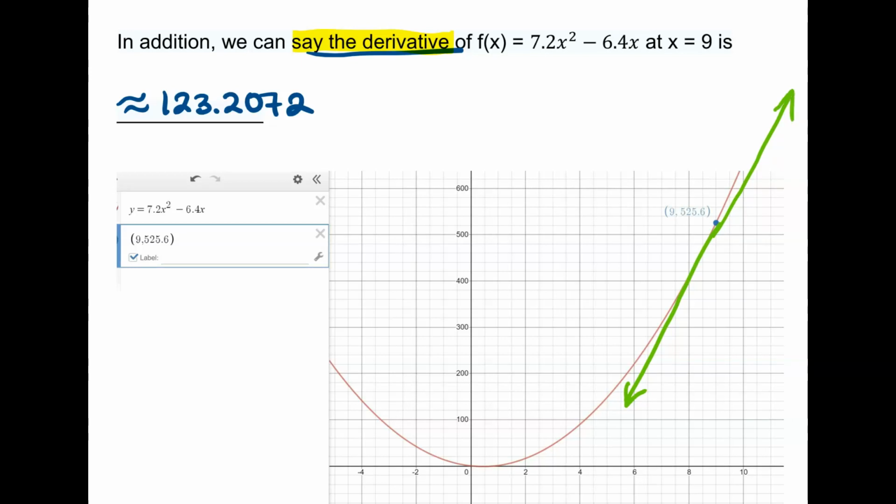The slope of that tangent line at that point would be about 123.2. It doesn't look like it's that steep, but remember the graph I'm on doesn't have the normal scale. It's distorted a little bit. So that 123 is the slope of this green line, which is called a tangent line.